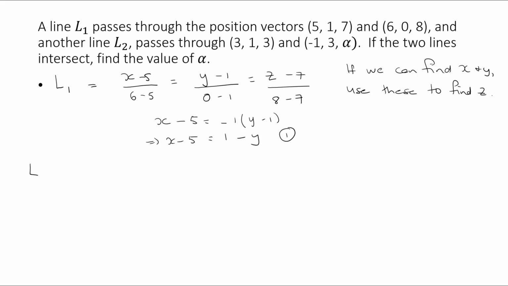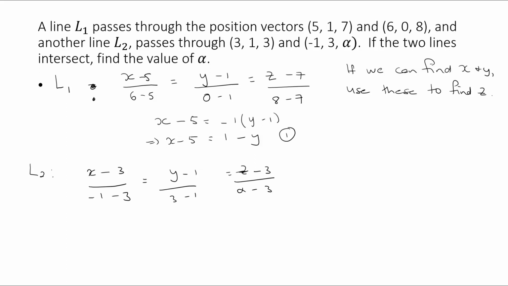We could do the same with L2 and say that (x - 3)/(-1 - 3) is equal to (y - 1)/(3 - 1), which is equal to (z - 3)/(alpha - 3).